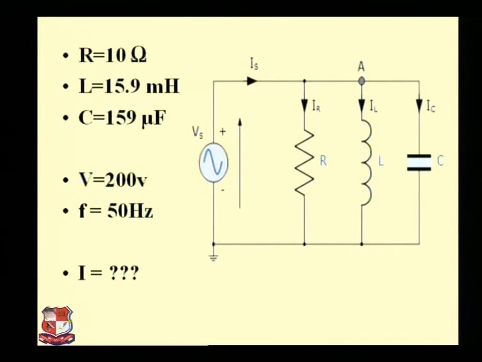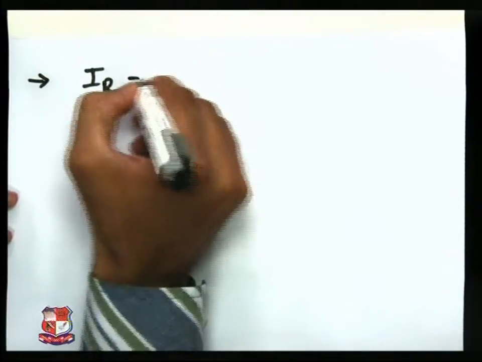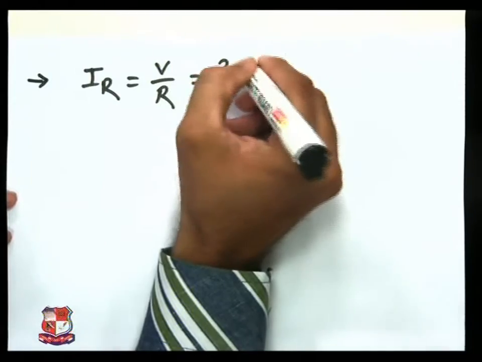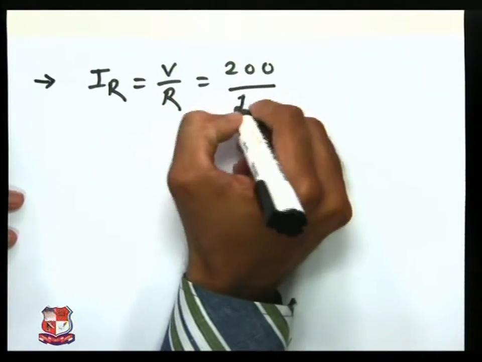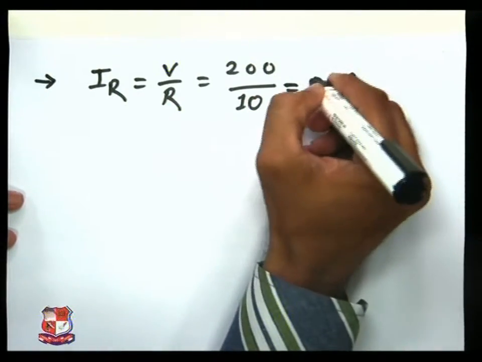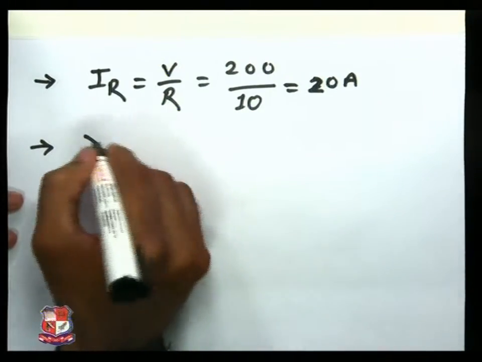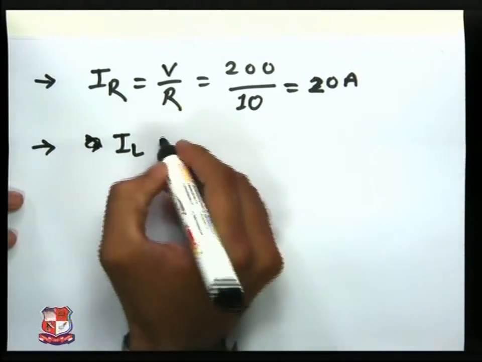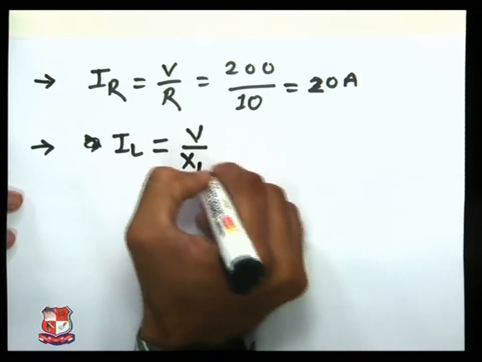So the current through the resistor is IR, given by V upon R. Voltage is 200 volt, resistance is 10 ohm, so the current is 20 ampere. Now second, the current through the inductive branch is given by V upon XL.